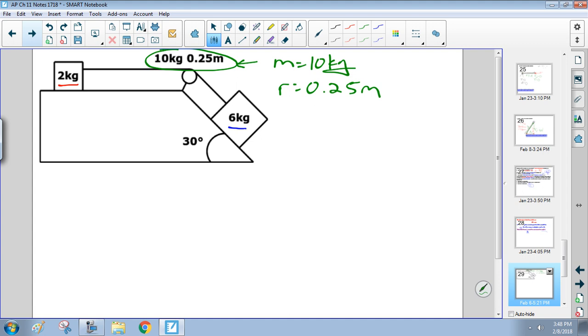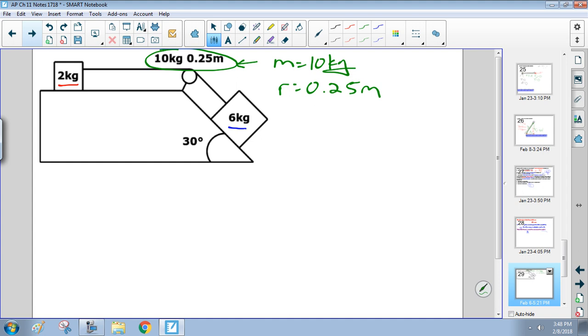All right? And as a result, to make the pulley spin, we need torque, right? Okay. So the question here would be: find the tension in the rope and calculate the acceleration of the system. Okay? So here's the deal.